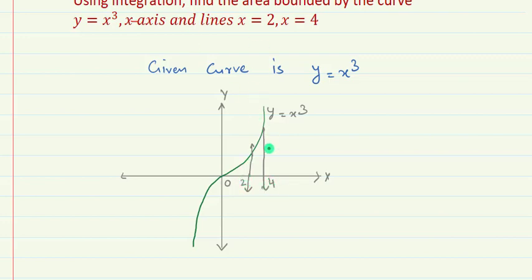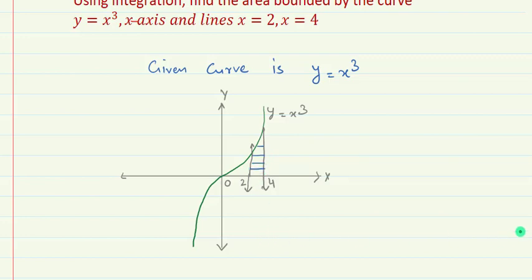Now we need to mention the area, shade the area which we need to calculate. So clearly this is the given curve. y is equal to x cube, number 1. Number 2, x-axis. Number 3, x is equal to 2. Number 4, x is equal to 4. So clearly this area is the required area.